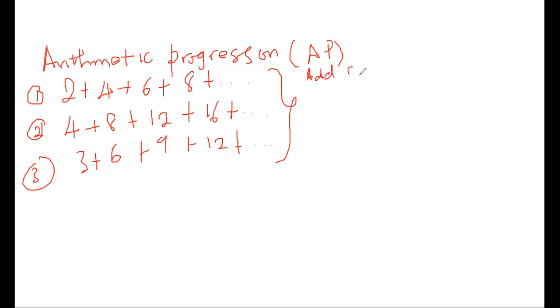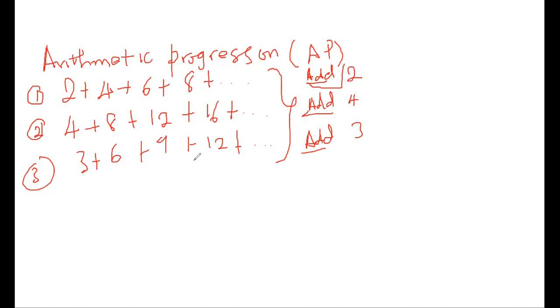We added 2 to get the next term, and here we are adding a 4, and then here we are adding a 3. Okay, so the common thing is that to get the next term we add.